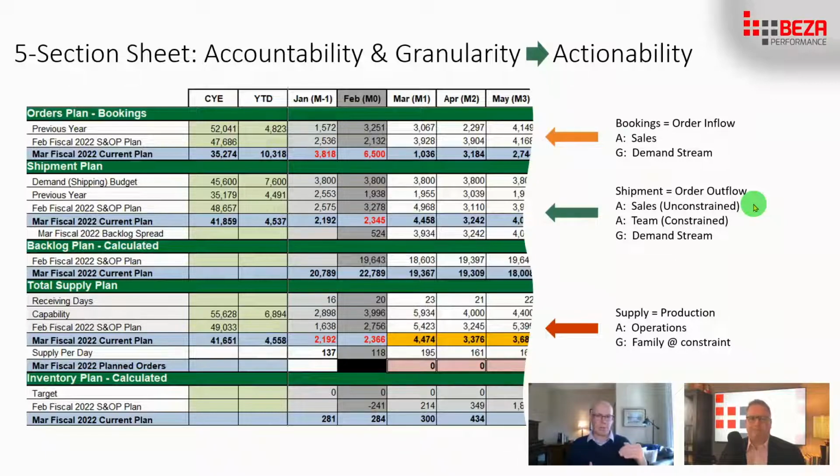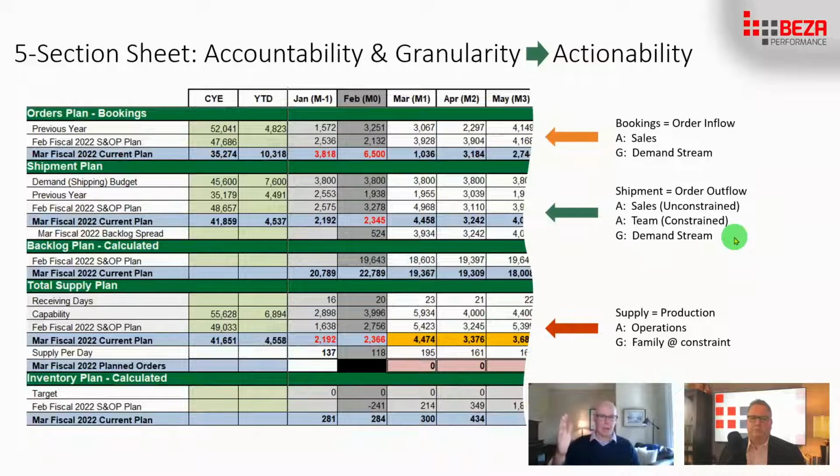And you'll notice I do this at the demand stream level as well, because one of the decisions, and we've seen a lot of that throughout this year, is when people don't have enough supply, they're actually having to constrain it. Well, when you do that constraining, you need to think about what pieces of the business for this family, what demand stream.